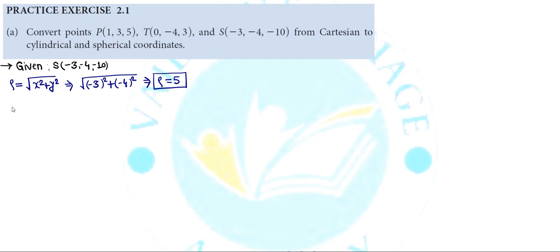Then next, we make use of the formula for finding phi. Phi is tan inverse of the y coordinate upon the x coordinate.